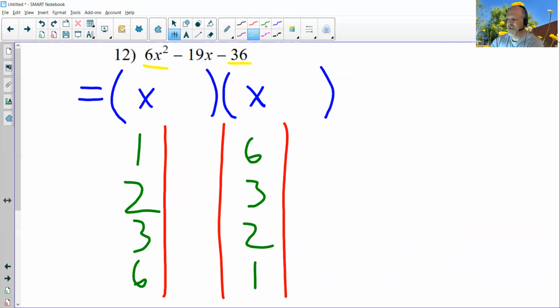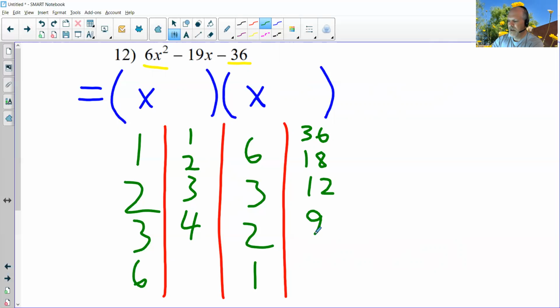So my factors of 36, well, I have 1 times 36. And notice I wrote these smaller because there's a bunch of them. I could do 2 times 18. I could do 3 times 12, 4 times 9, and 6 times 6.